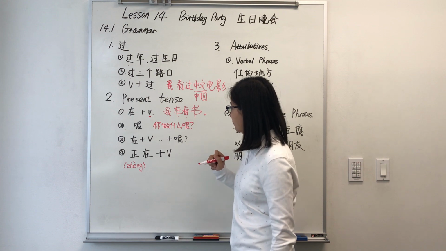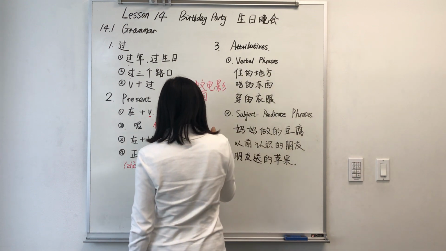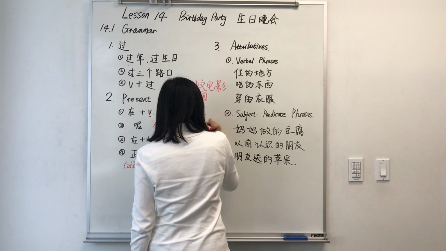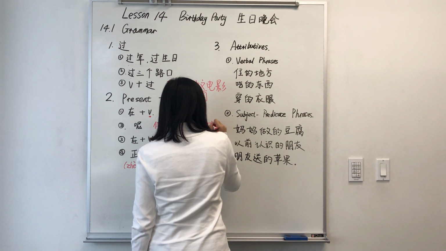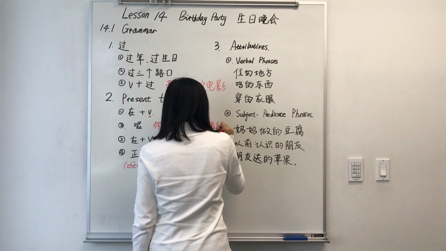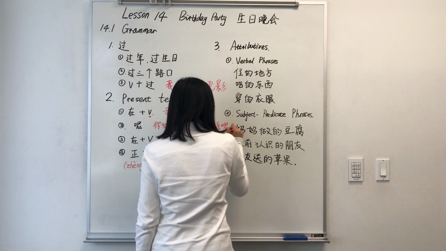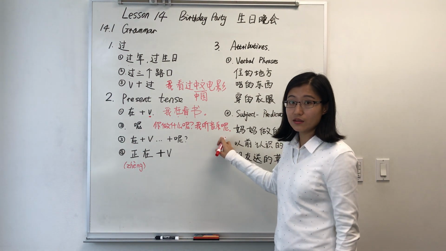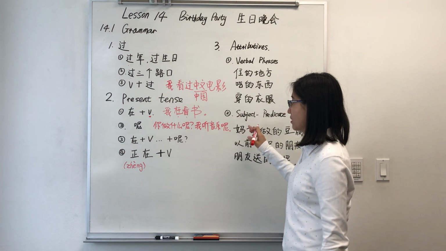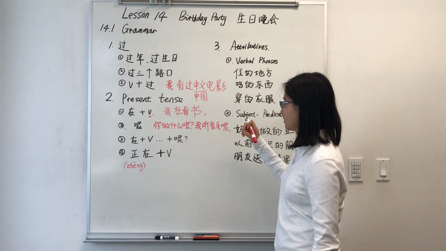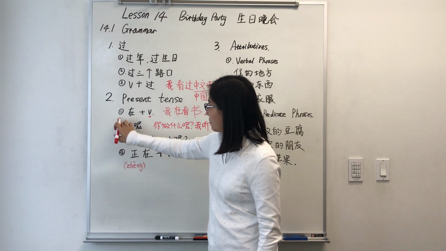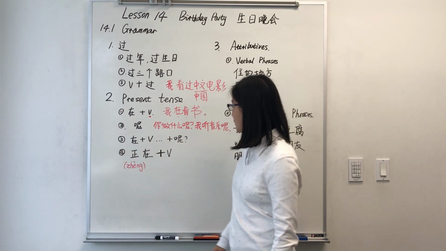The answer can be 我听音乐呢. 我听音乐呢 means I'm listening to the music, the ing format. That's the present tense.